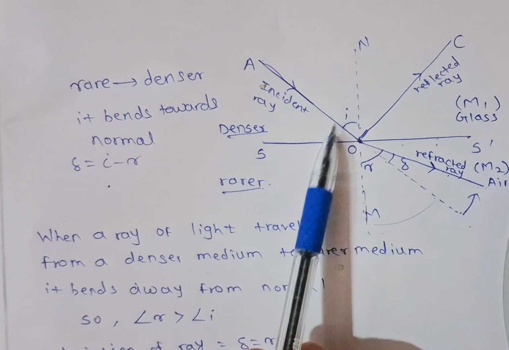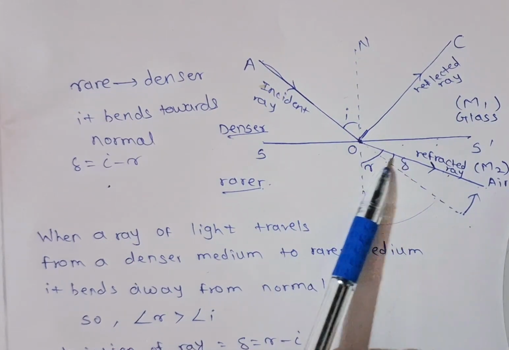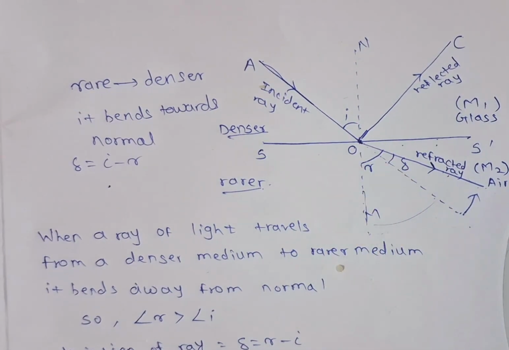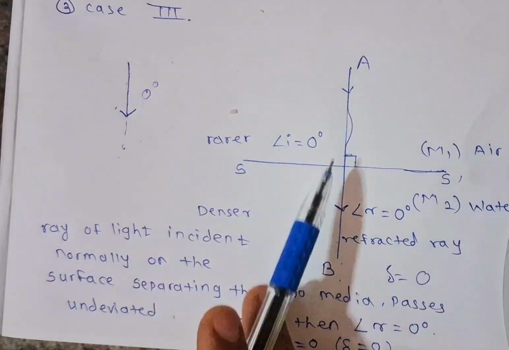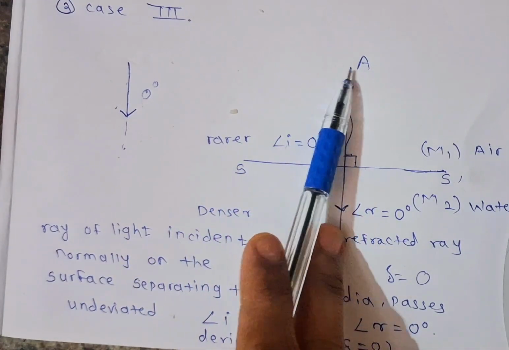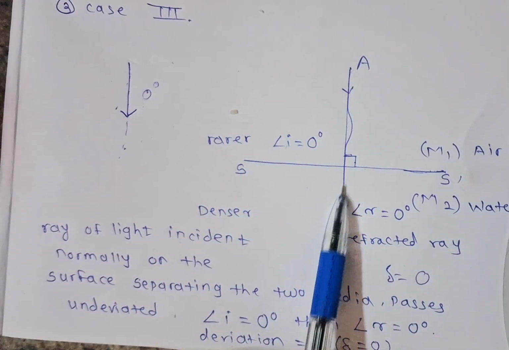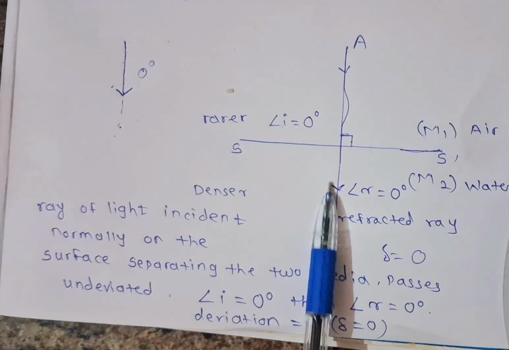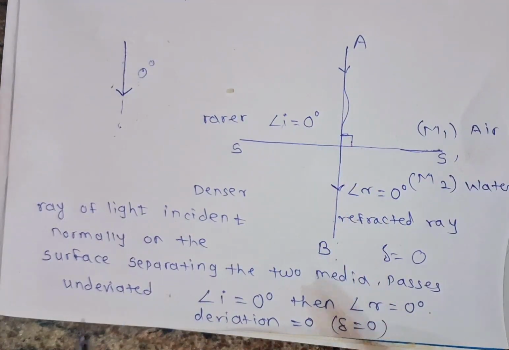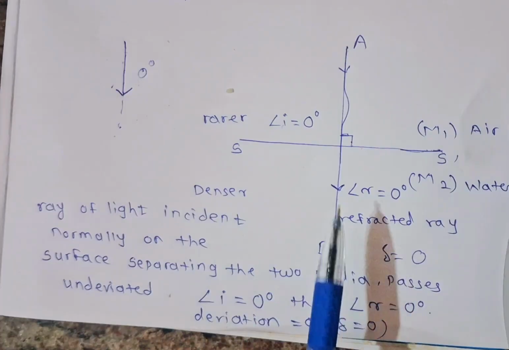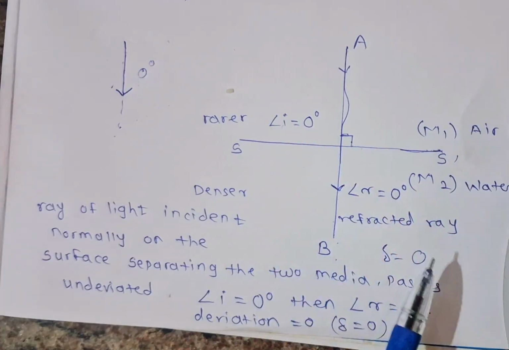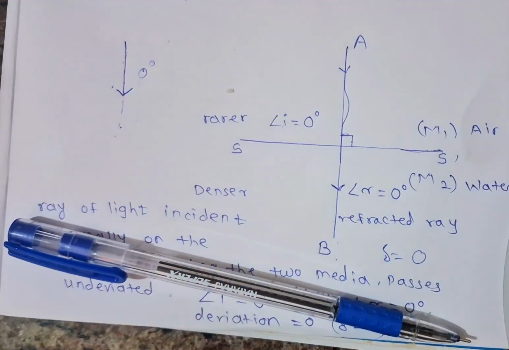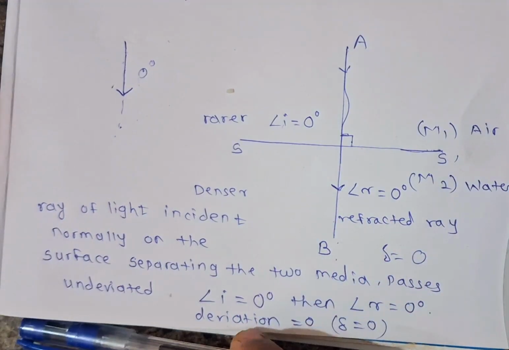We see the values of I, R and deviation here also. And in case 3, when the incident ray is along the normal, the refracted ray is undeviated. So the values of I, R and deviation are 0. So it is all about refraction.